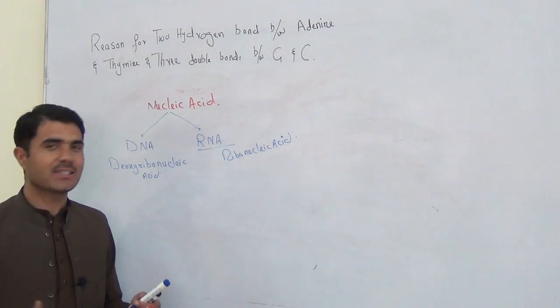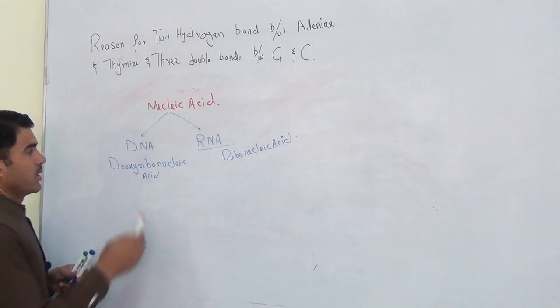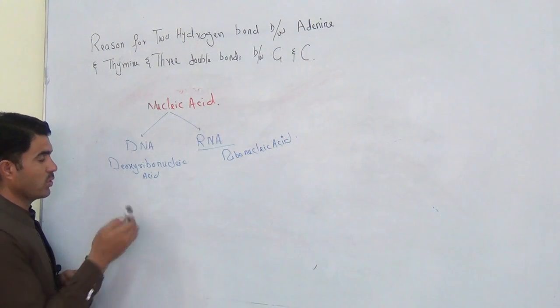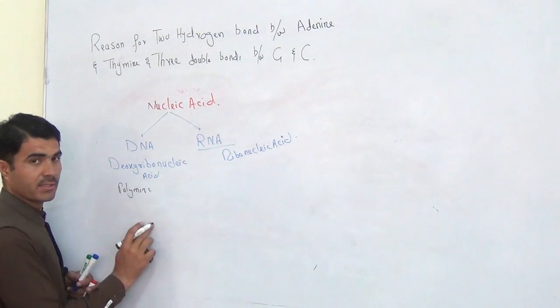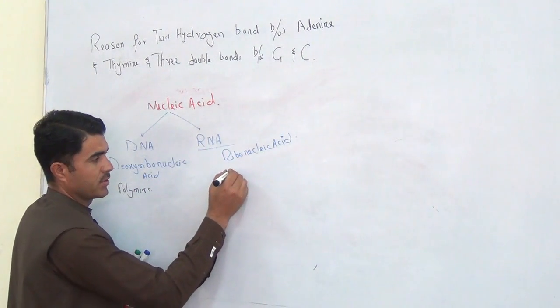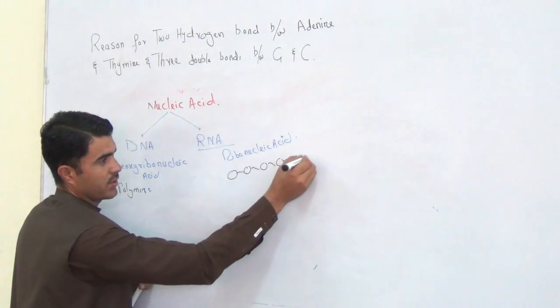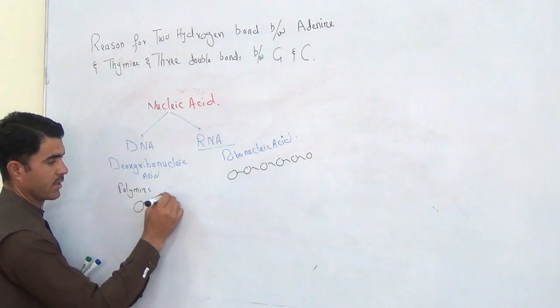A slight modification is there that I will tell you now. Whether it is DNA or RNA, both are polymers, right? Smaller units, nucleotides, are there, and here also smaller units, nucleotides, are there.